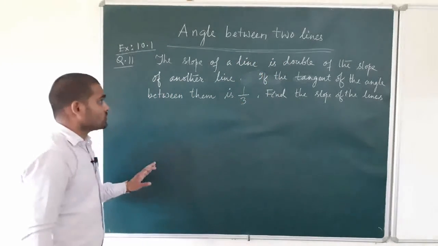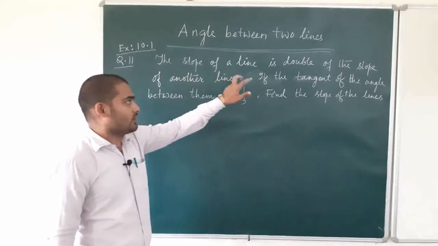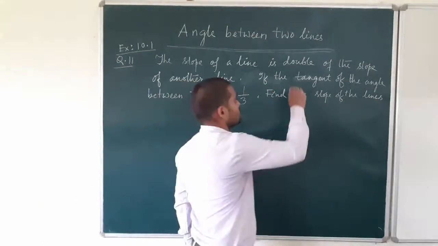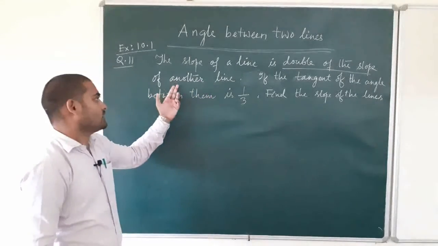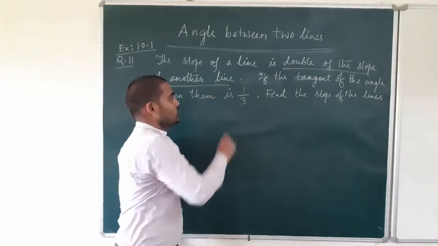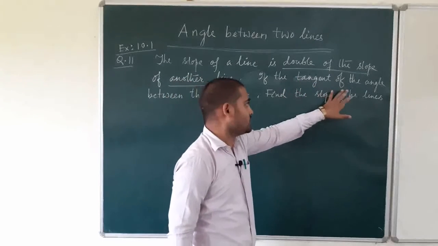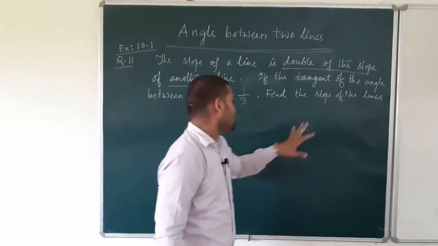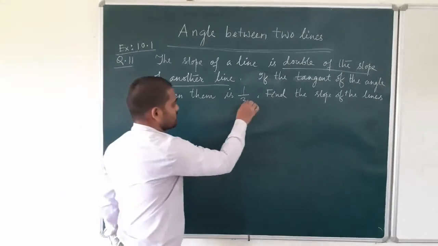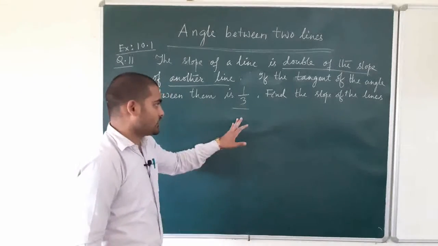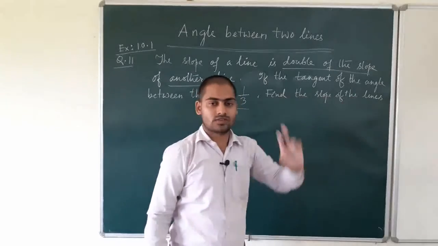The slope of a line is double the slope of another line. If the tangent of the angle between them is 1 by 3, find the slopes of the lines.